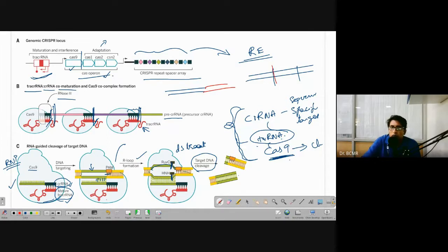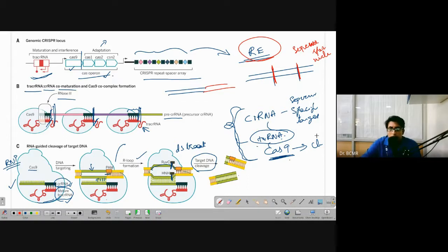Only if we know that we can cut, and it's not random cuts. We don't want cutting everywhere. We want to be in control of our experiments. So they have to be sequence-specific nucleases. That is why restriction endonucleases are great. They were awarded the Nobel Prize for the discovery of restriction endonucleases.